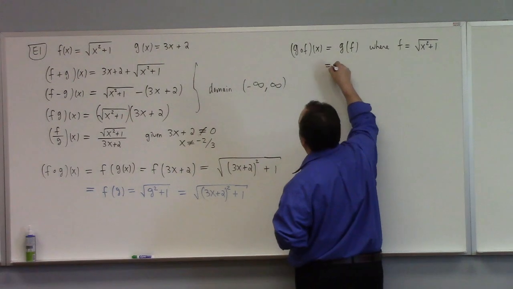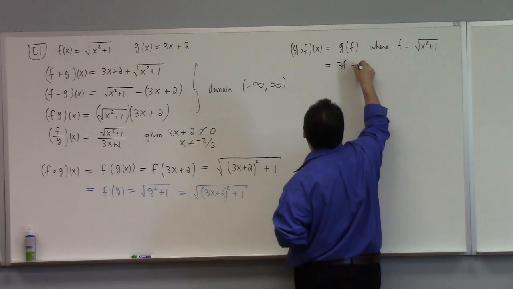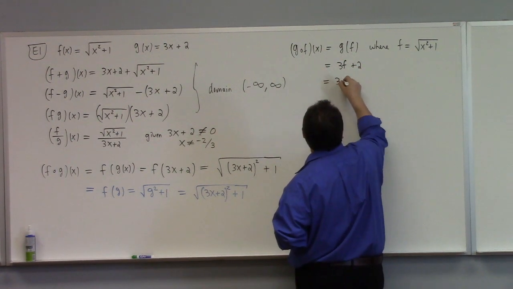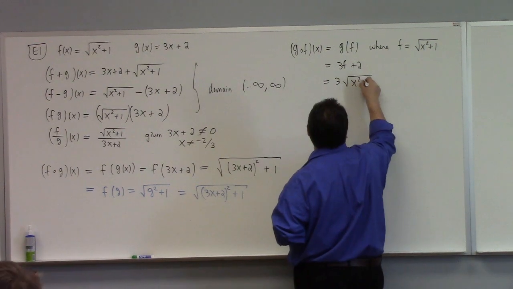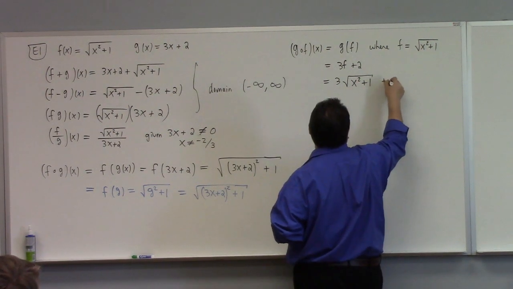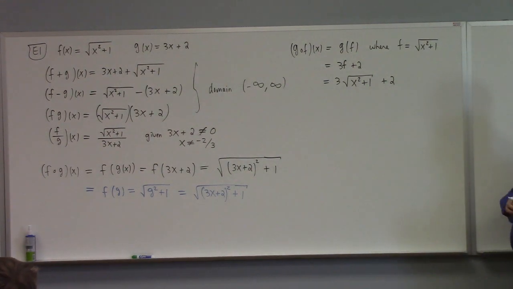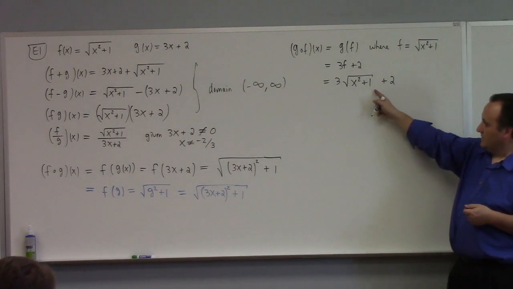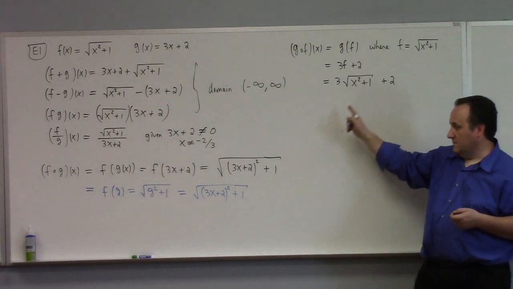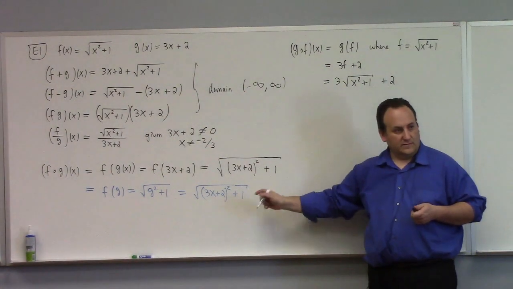What is g of f? Well, g of f would be 3 times f plus 2. So that's 3 times the square root of x squared plus 1 plus 2. It's fairly obvious, right, that this is not equal to that, right?